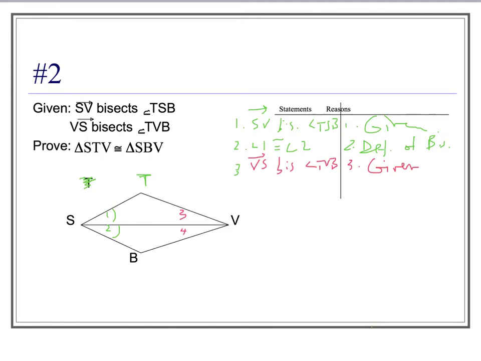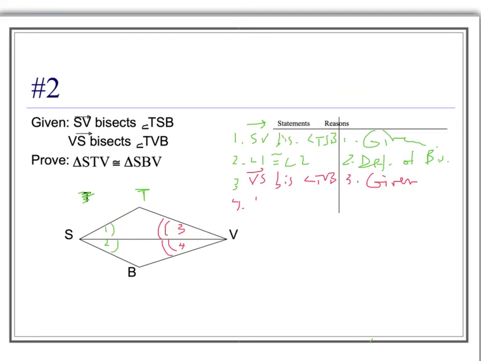It tells us that angle 3 and angle 4 are congruent. Reason, definition of bisect. So I'm going to get that in my proof. Angle 3 congruent to angle 4. Definition of bisect. Now, what you've noticed here is that I've run out of given information.